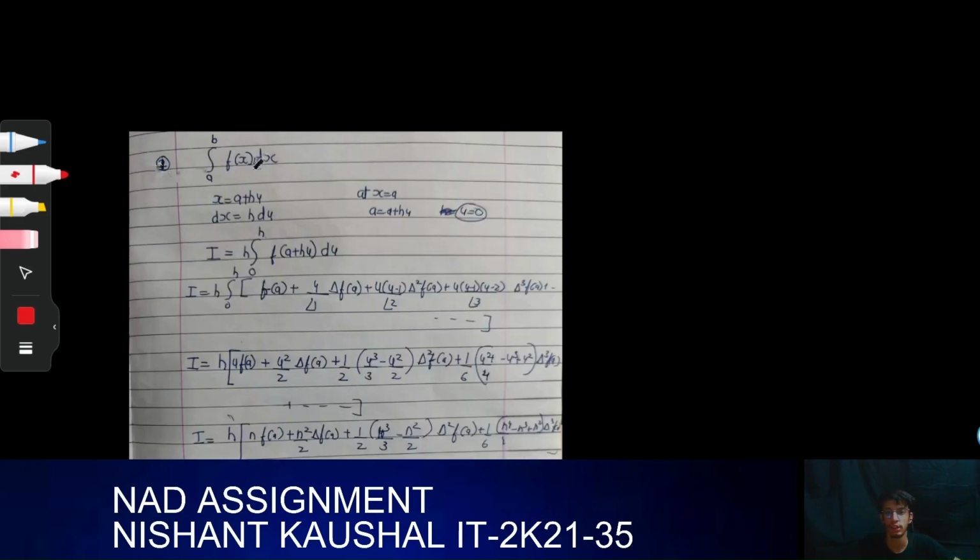So let us consider a function f(x), which we have to integrate from a to b. So let us take x equals a plus hu. So what will be dx? dx will be h du, right? So if we find the limits, it will be 0, and here it will be h, right?